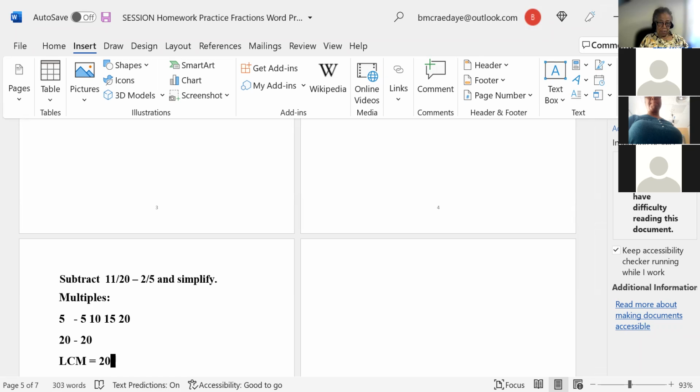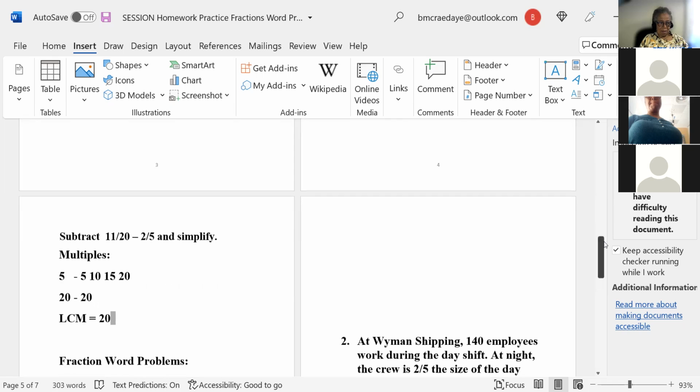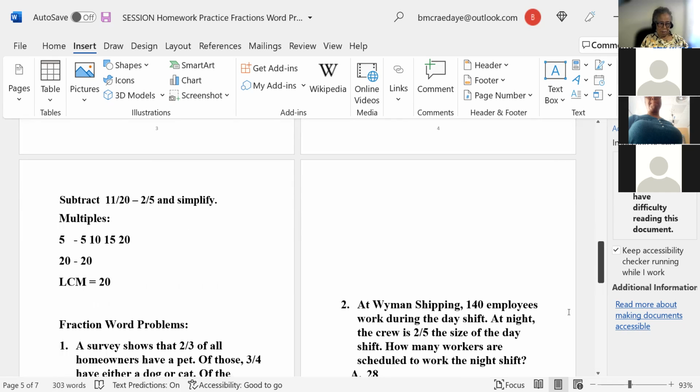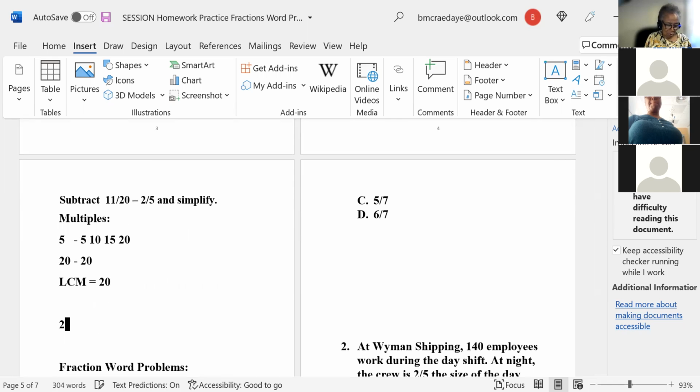Maureen, 2 over 5 is what number over 20?